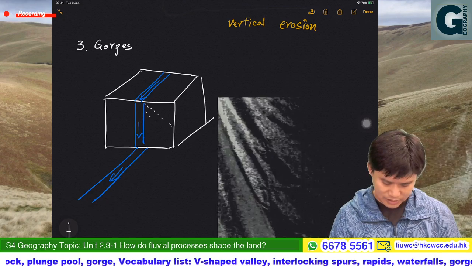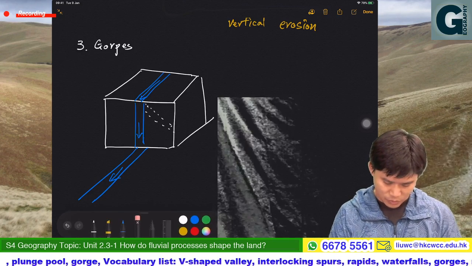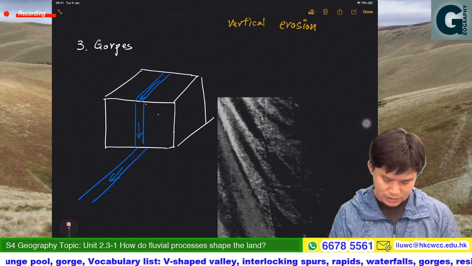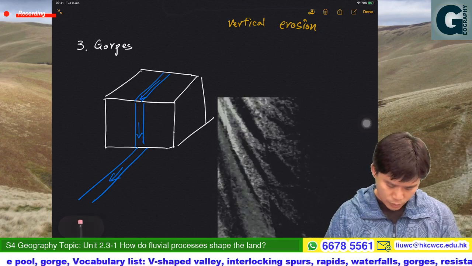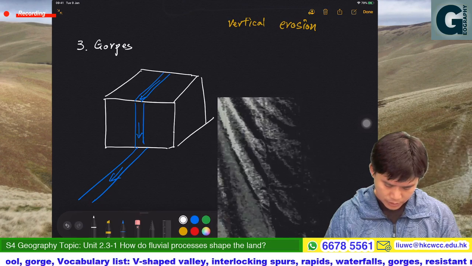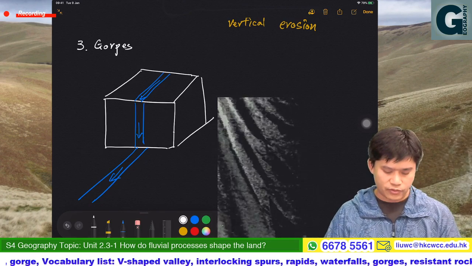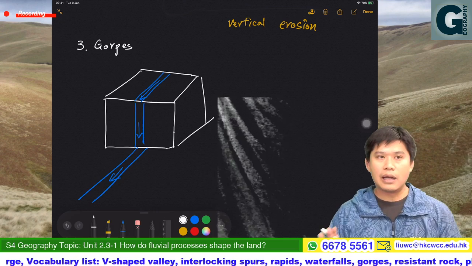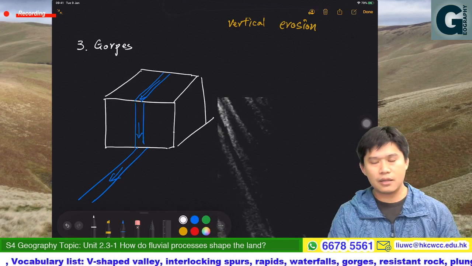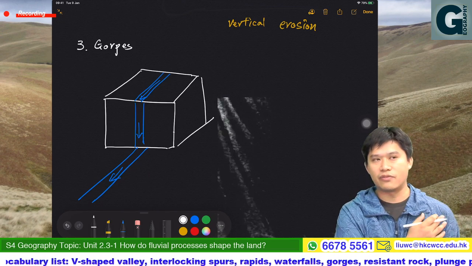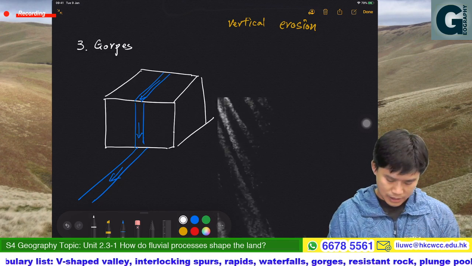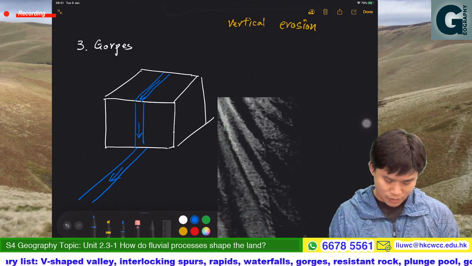Something like this, but that is not the most important. Okay, just a layer. So remember, when there's a waterfall, it may more likely lead to the formation of a gorge. Okay, it may. I use the word may.